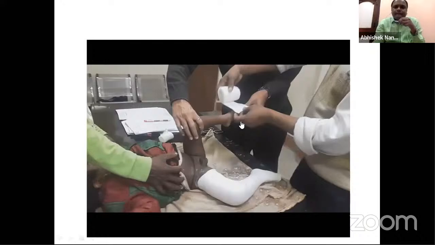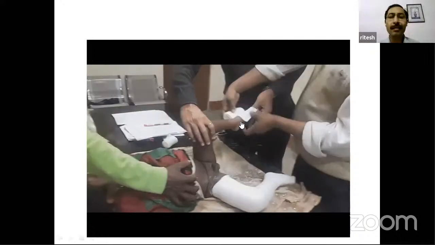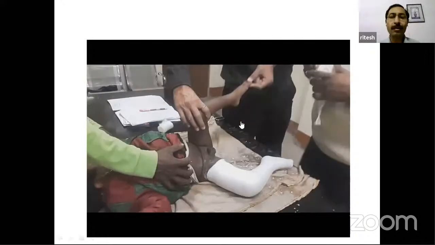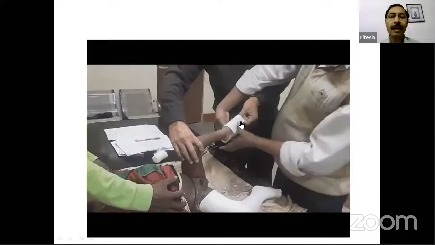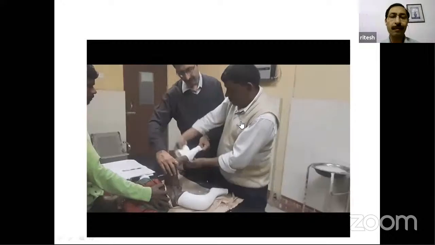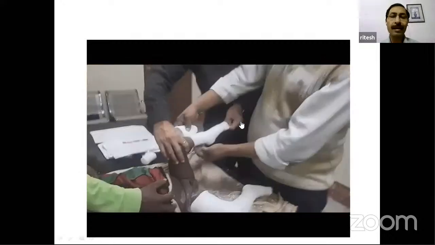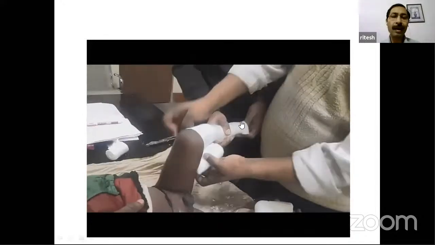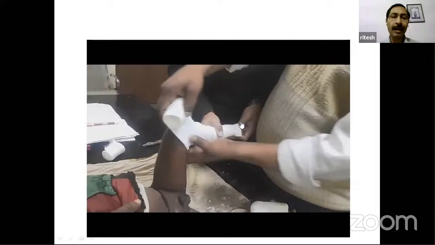This is our plaster room where I am holding the foot and the leg. Basically I am holding the great toe and the knee, by which we are stretching the medial soft tissues and keeping the foot in plantar flexion. As highlighted, the talus should not be locked under the calcaneus. The calcaneus should move freely while applying this.